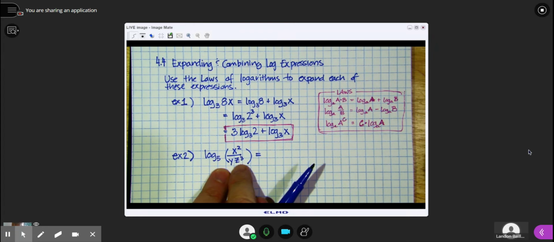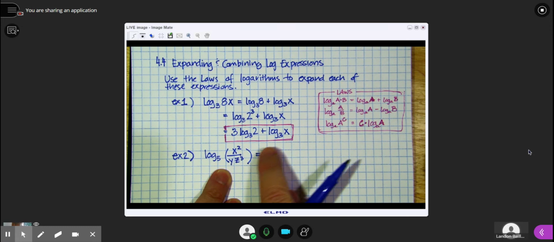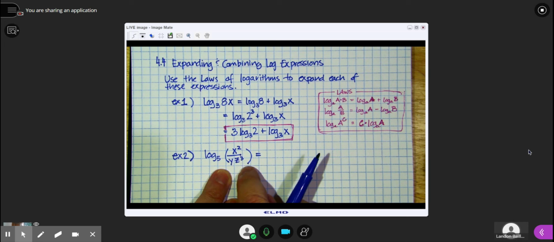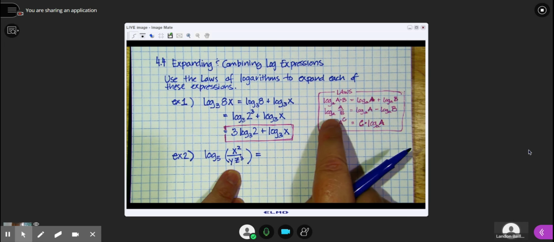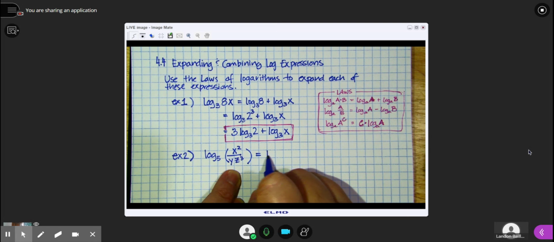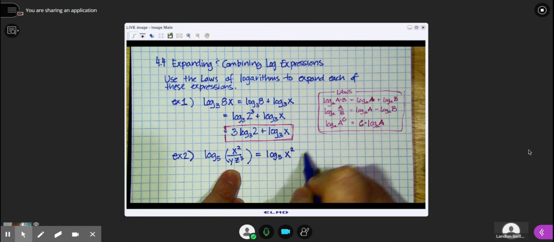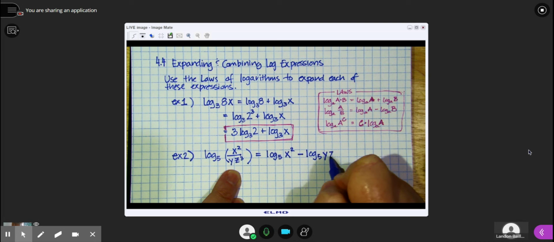All right, do you see how we have an a over a b? Because I have an x squared over a yz cubed, I'm going to first use the second law to split this into a log base 5 of x squared minus a log base 5 of yz to the third.